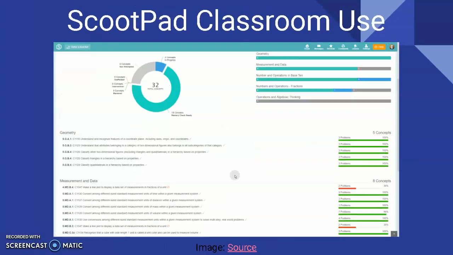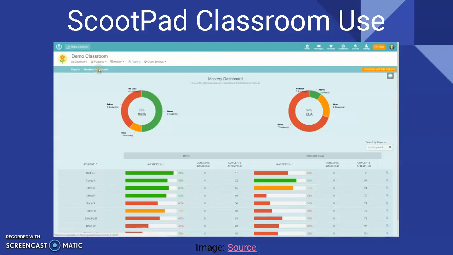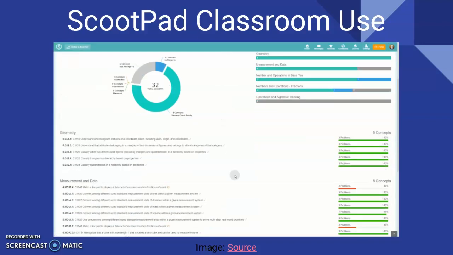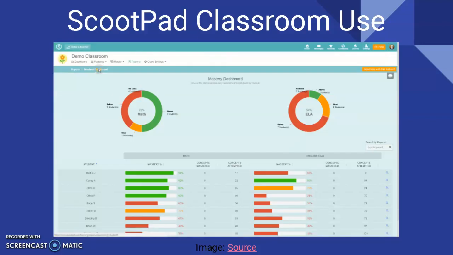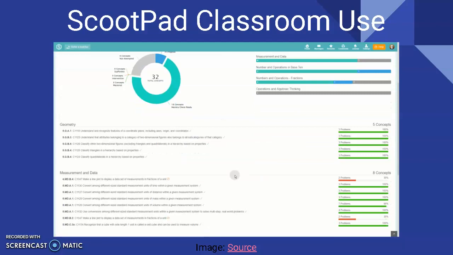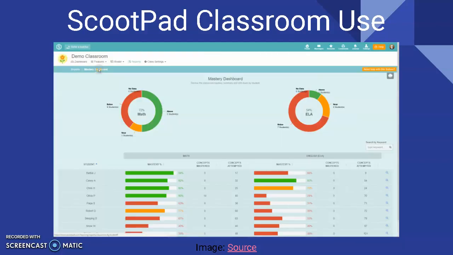The ScootPad classroom provides multiple views of data that show both whole classes or specific students, shows their progress towards mastery, while also providing the time they spent on a question, along with the standards targeted in the lesson.